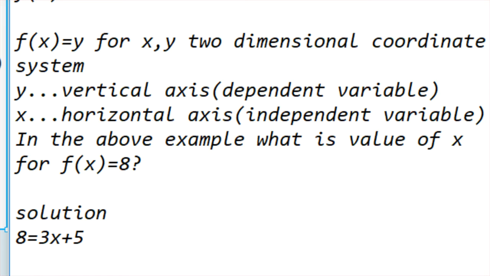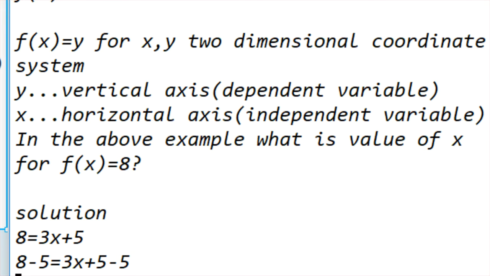To solve this problem, we do subtraction, that is, subtract 5 from both sides. 8 minus 5 equals 3x plus 5 minus 5.